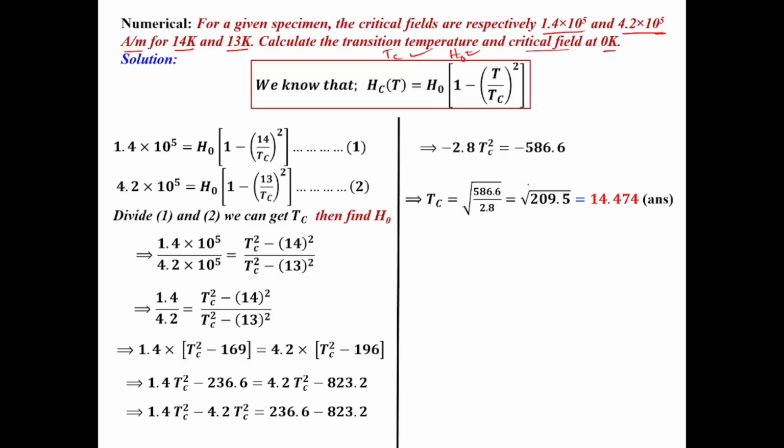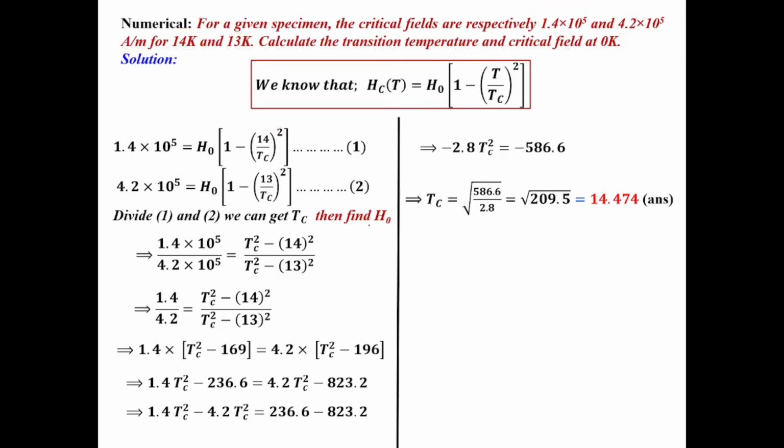The expression we know. If I consider the first value for this temperature, the expression will be 1.4 into 10 to the 5 equals H naught into 1 minus 14 by Tc, whole squared, equation number 1. Similarly, for the data at temperature 13 Kelvin, we get equation number 2.